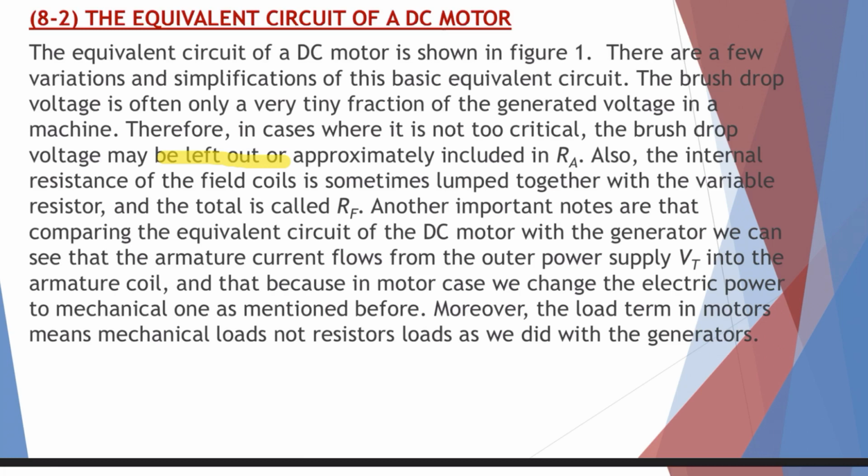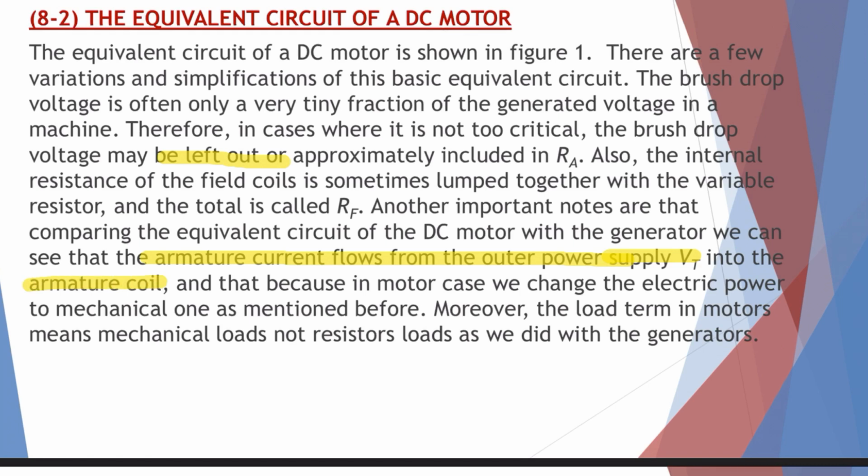Also, the internal resistance of the field coils is sometimes lumped together with the variable resistors, and the total is called what? RF. Another important note is that comparing the equivalent circuit of the DC motor with the generator, we can see that the armature current flows from the outer power supply VT into the armature coil.